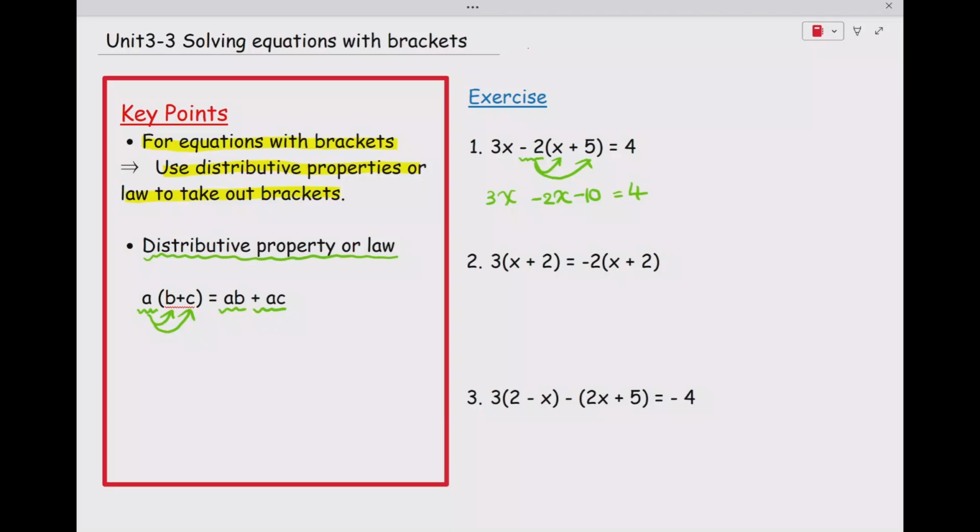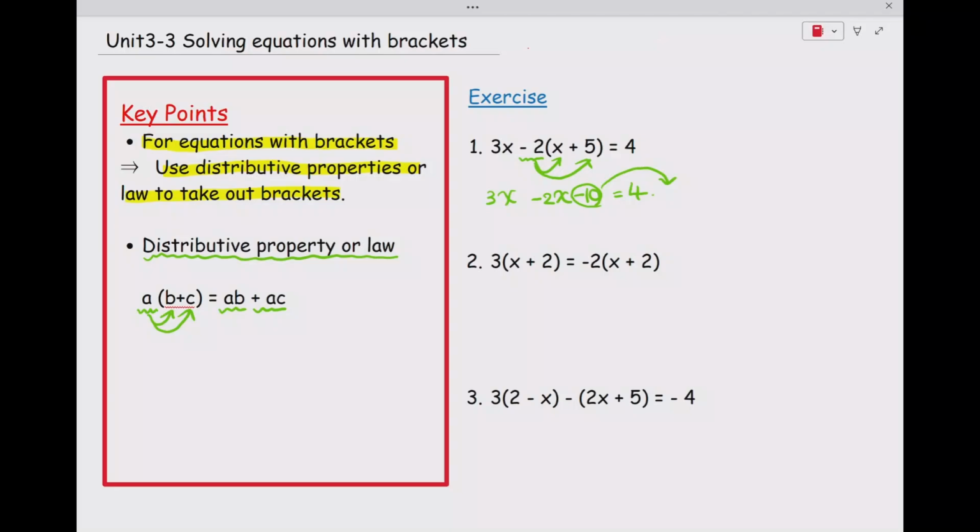And next, let's move the thing in the way so that we collect the letter terms on one side and the number-only terms on the other side. In this case, if we move minus 10 to the right side, the left side would be the letter terms and the right side would be the number-only terms. So, we move minus 10 to the other side of the equation, jumping over the equals sign.